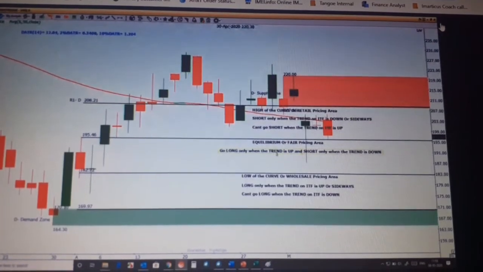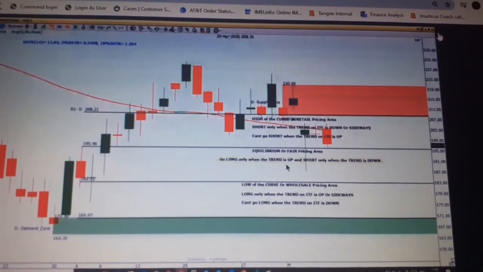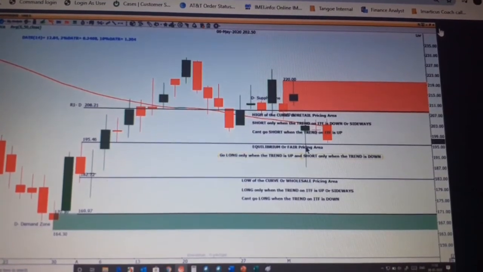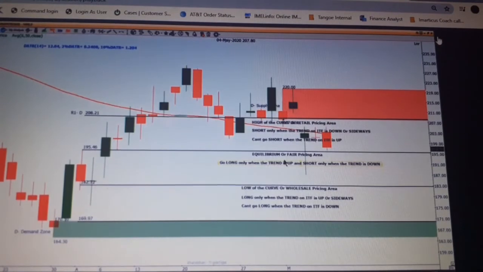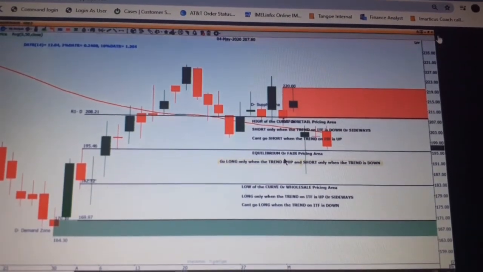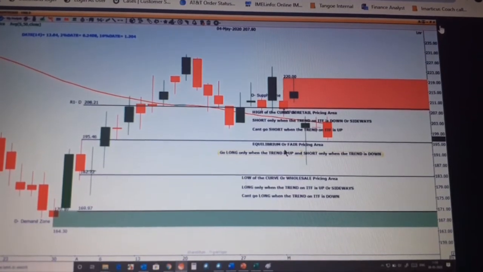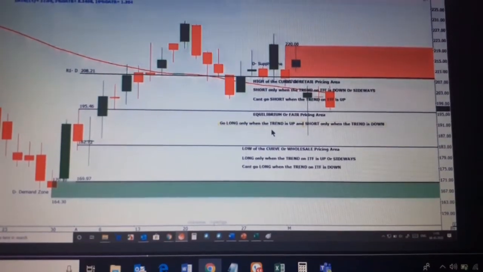Okay, so in the equilibrium or fair pricing area, you have to join the trend. You have to follow the trend. If the trend on the intermediate time frame is up, you can go long. If the trend on the intermediate time frame is down, you can go only short. You cannot go long. Okay, doing nothing on sideways trend.